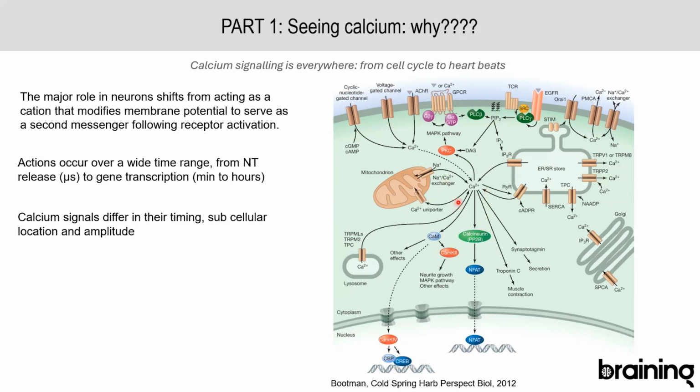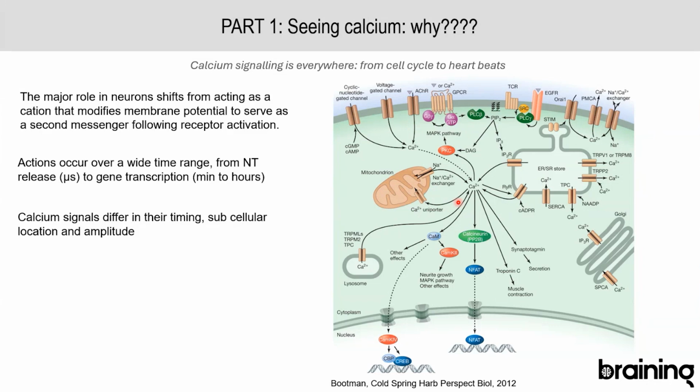And indeed, when we look into the central nervous system, we know that calcium signaling is very important for neurons, since it can shift from acting as a cation that modifies membrane potential to one that serves as a second messenger following a receptor activation.